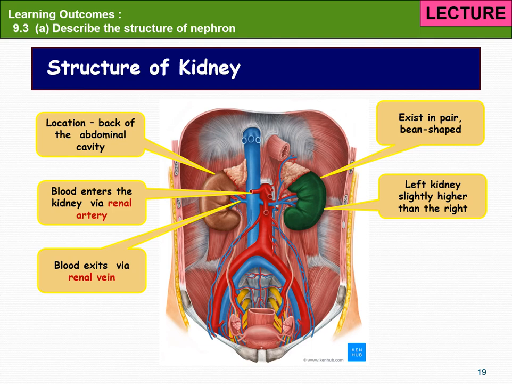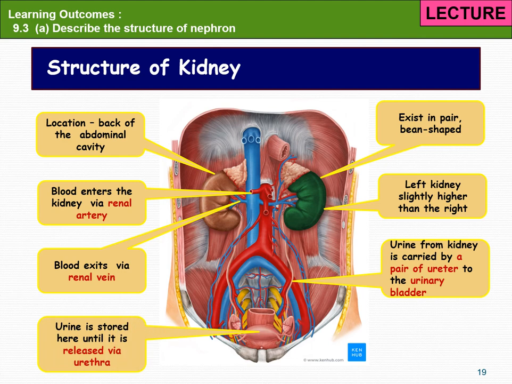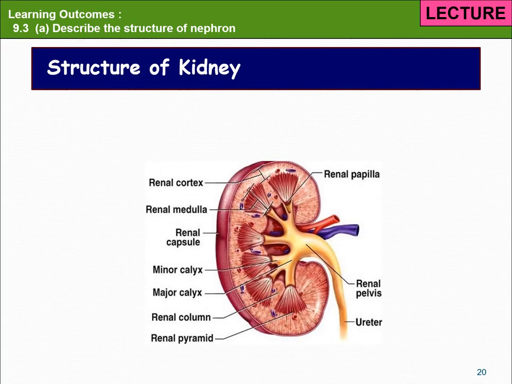After urine is produced, urine is carried by a pair of ureters to the urinary bladder, and urine is stored in the urinary bladder until it is released via the urethra. This is the structure of the kidney.